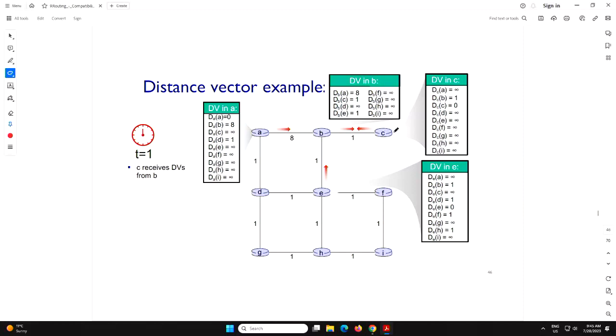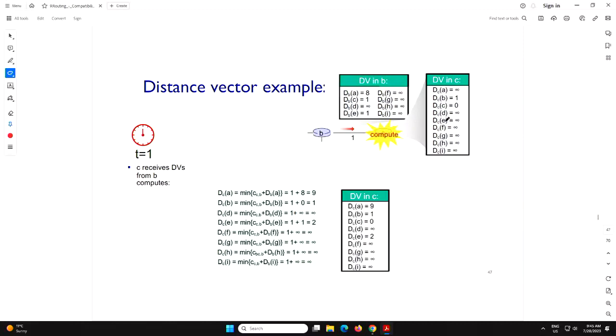So now we want to see how this will be updated when it receives this. So this is coming here to update this, right? So if you look at that, B is saying I can go to A, but C doesn't have any entry for A, right?